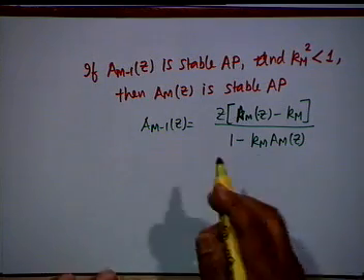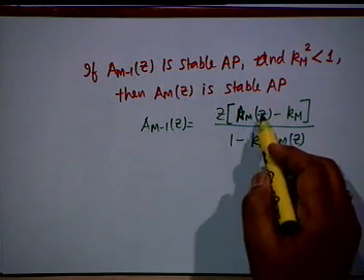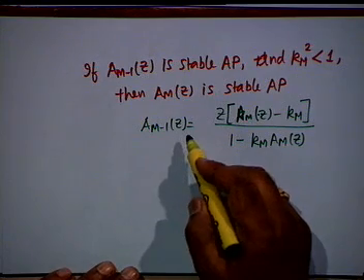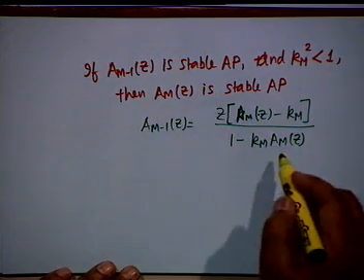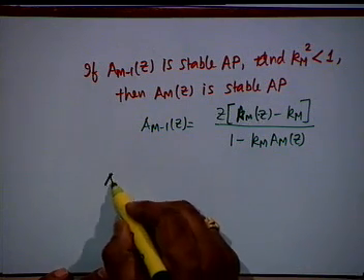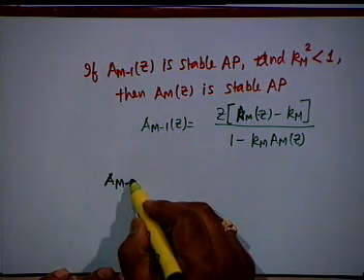Now, what we have to do is to find Am in terms of Am minus 1Z, and therefore cross multiply and simplify.